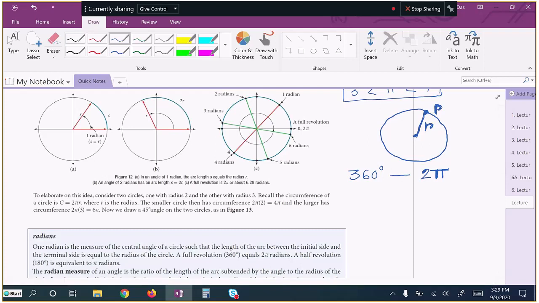So there is a very nice relationship between 360 degrees and 2 pi. If I divide both sides by 2, I get 360 degrees divided by 2 equal to pi. In other words, pi is equal to 180 degrees. That's a very nice relationship between the radian measure of an angle and the degree measure of an angle, which we will generate very soon.